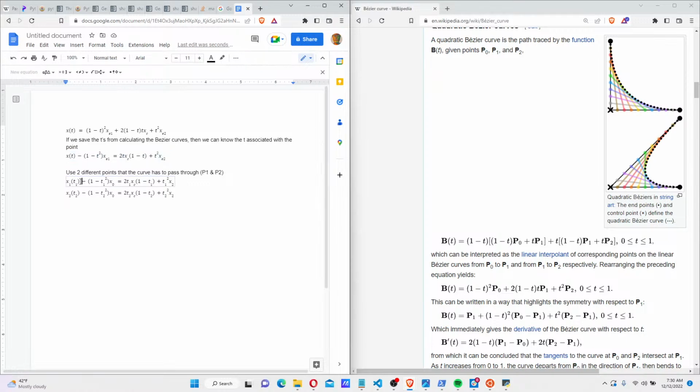So this becomes simply x1 minus that whole thing. X naught is x sub e1, t1, x sub c, x2 is x sub e1. That's a constant. Oh, but x sub e1 is not known.